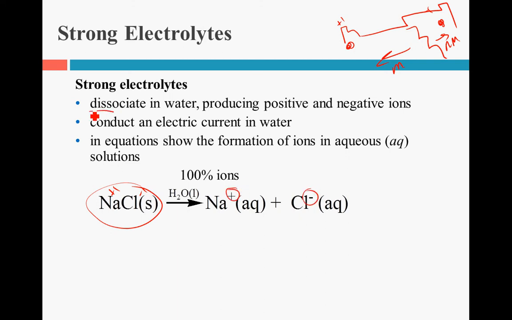When they say it dissociates in water, what they mean is that it's breaking apart. So NaCl is dissociating into Na+ and Cl-. Aq means aqueous, which basically means dissolved in water.